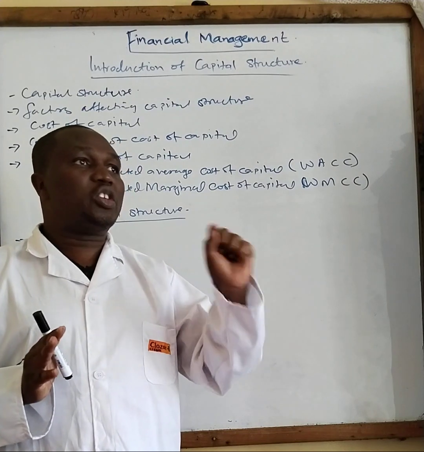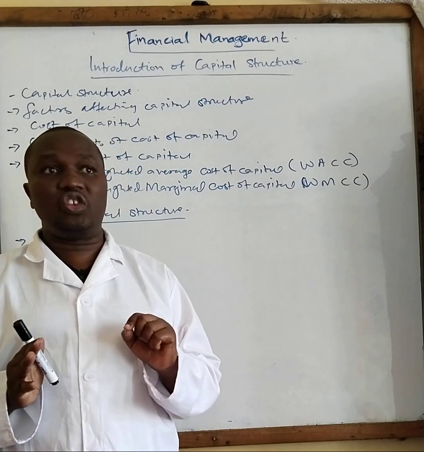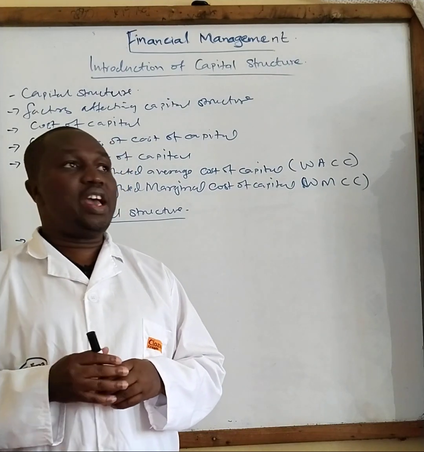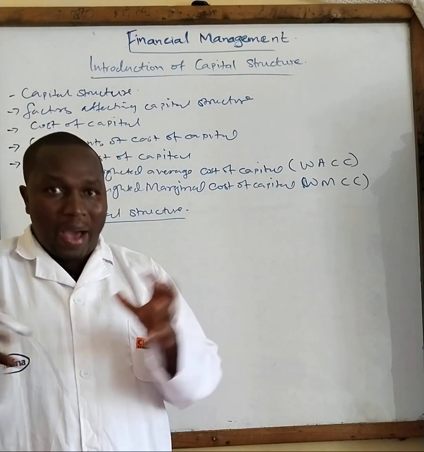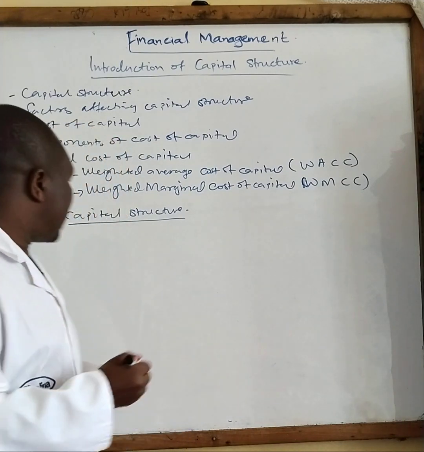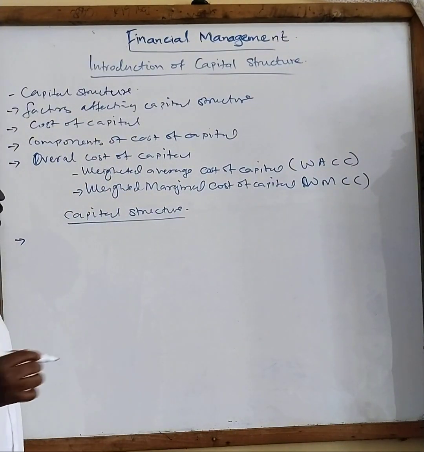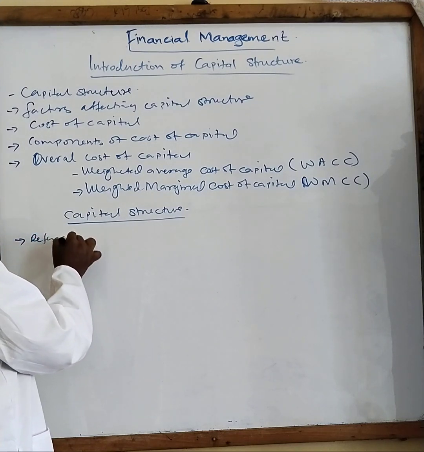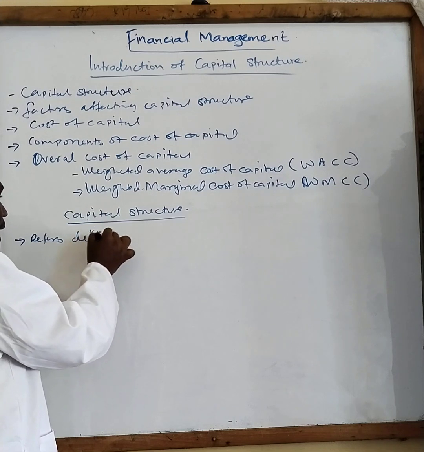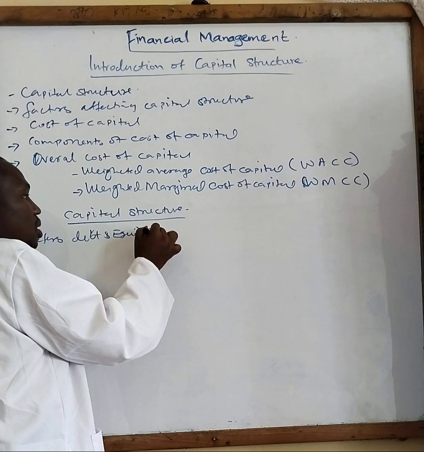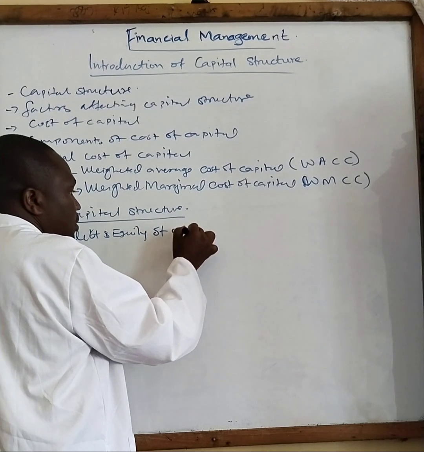Therefore, any capital in an organization is made of either debt or equity. Debt and equity combined together is what we call a capital structure. So capital structure refers to the amount of debt and equity of an entity.